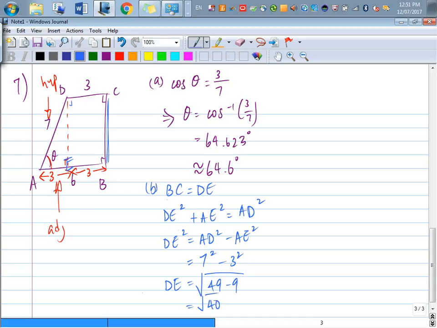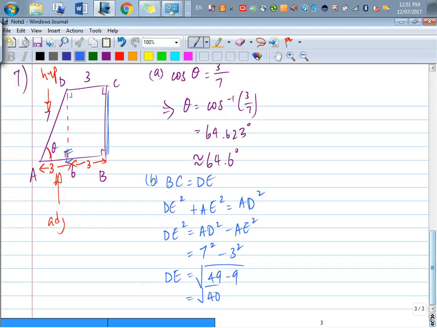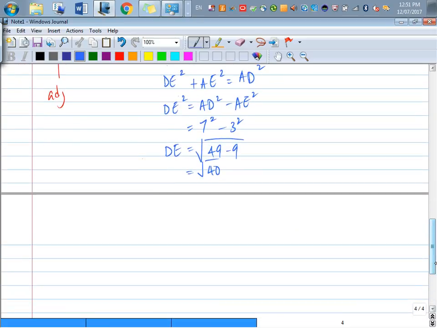Okay? We find out what is the value. Square root 40 gives us 6.3245 units, which is in cm, and we can round it off to 6.32 cm.